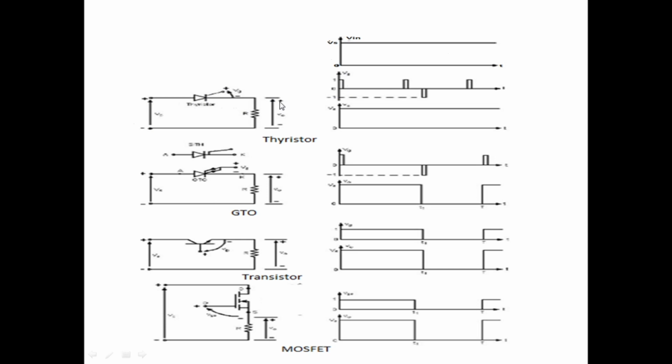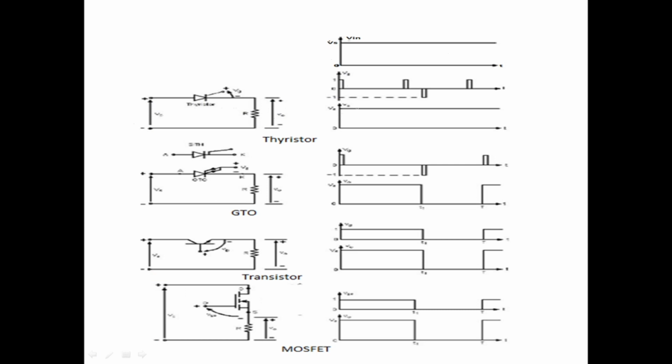If you measure the load voltage across this load, we get a load voltage like this, because the SCR is on, so whatever input we apply comes to the load. Here the input is DC, and we turned on somewhere here, so this is my load voltage.